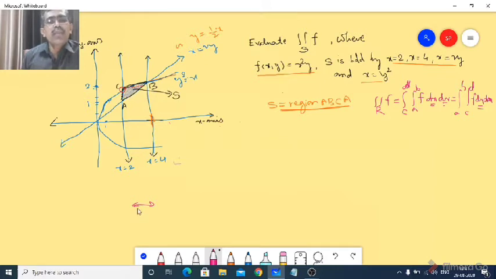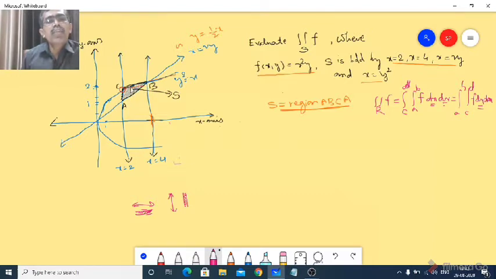In many books you will find such a strip: you consider a strip in this region, either parallel to the x-axis like this, or a line or strip parallel to the y-axis, and move it along the x-axis.